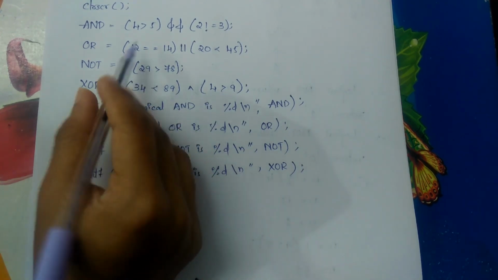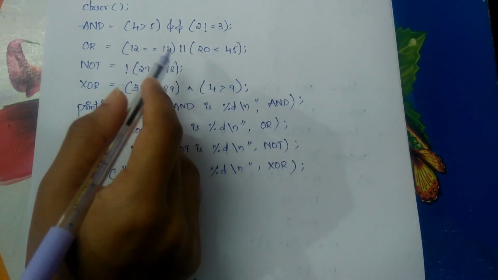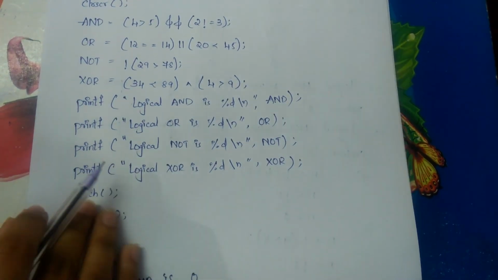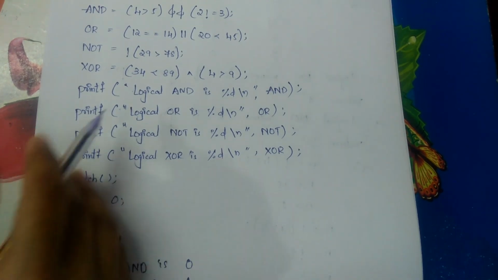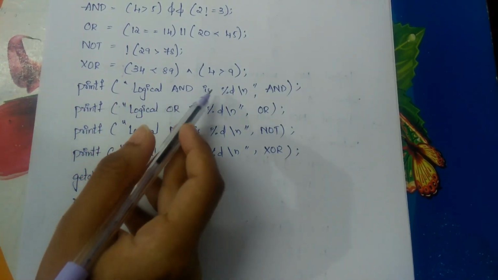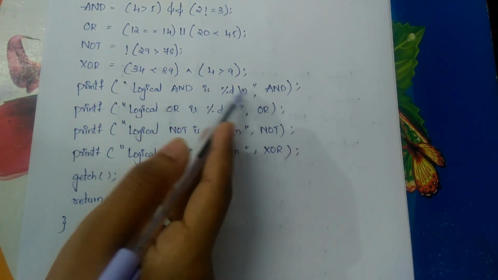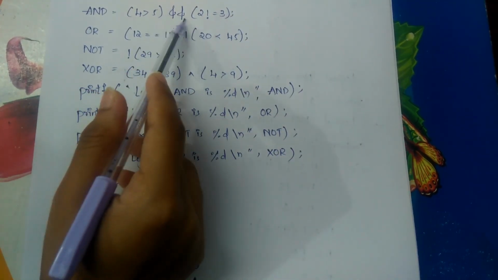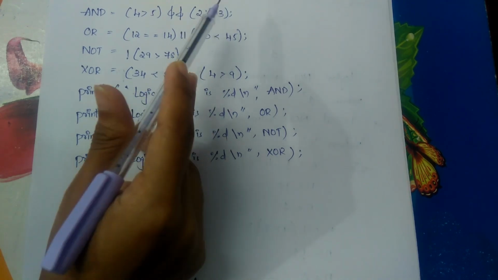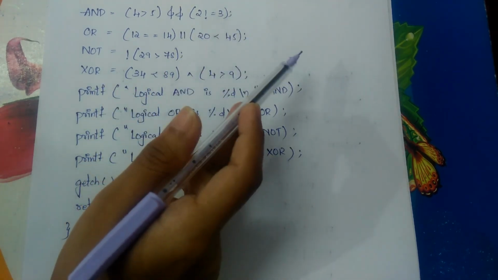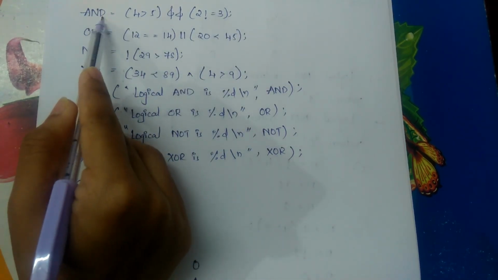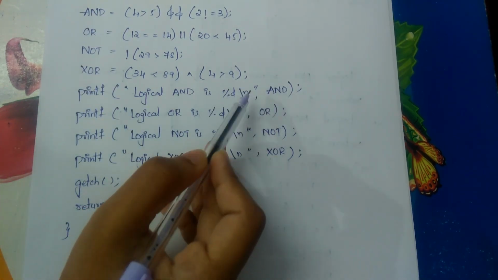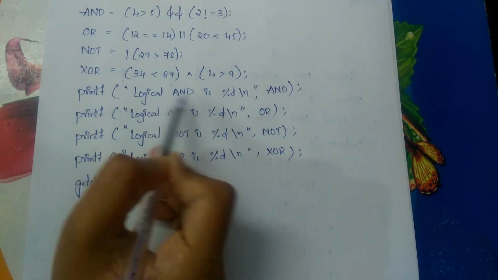Now after declaring all these variables, I have to print the statements. So printf logical AND is %d \n, and this %d is for and. After evaluating these expressions, the final value, either 0 or 1, will be stored in the variable. Now when I print, the value will be printed along with this print statement.